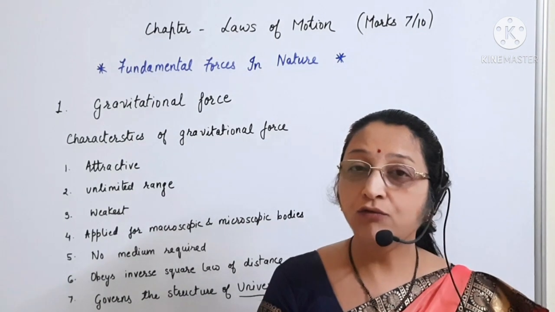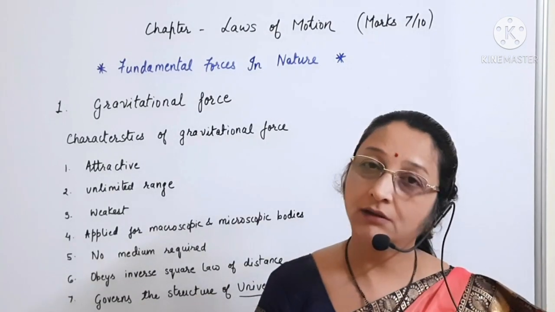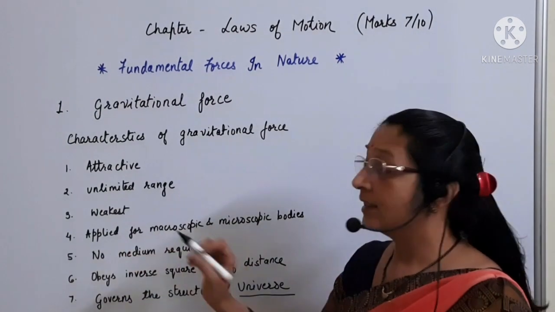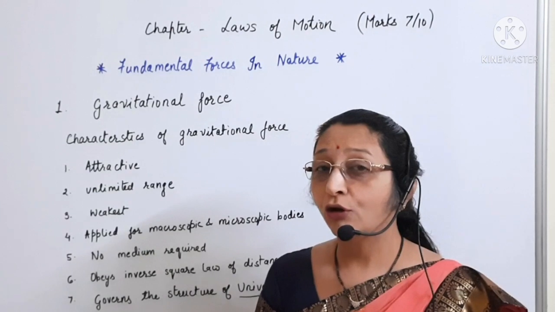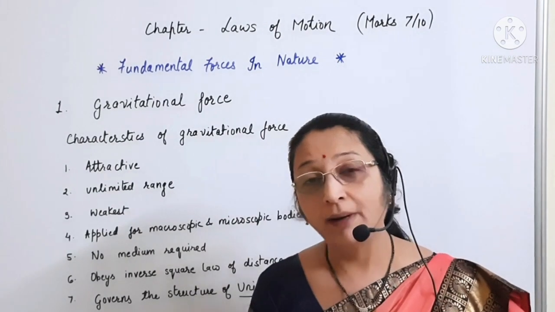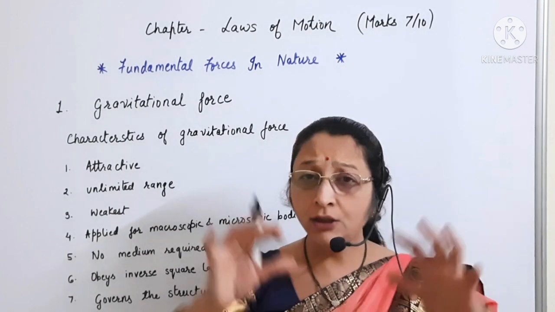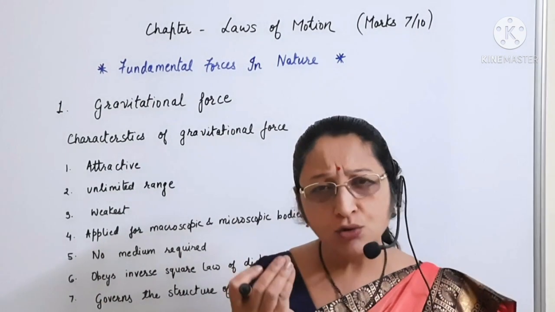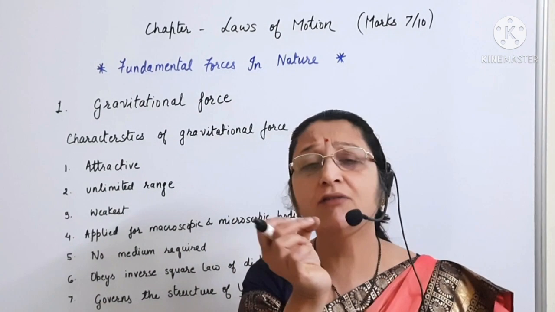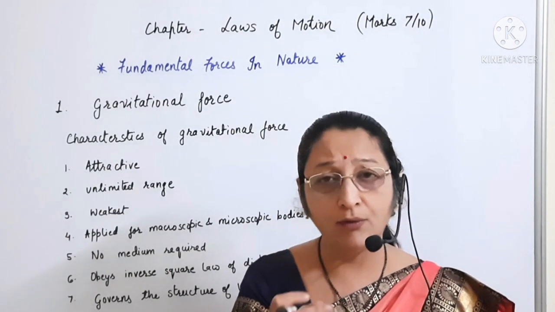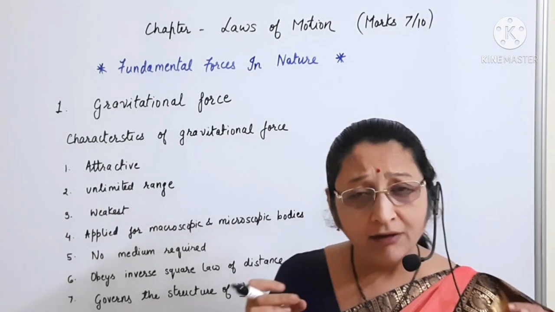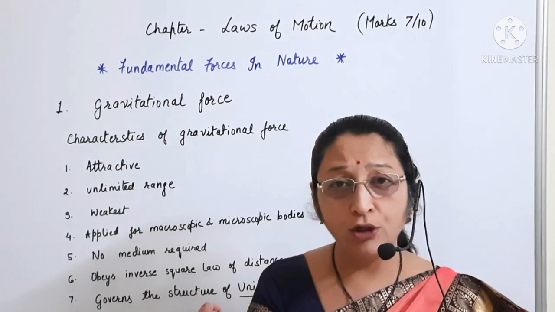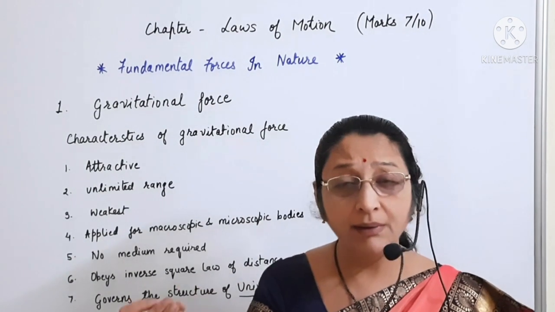The gravitational force is the weakest force in nature. The next is that it applies to all macroscopic and microscopic bodies. That is, in the universe there are very huge bodies and very small bodies, from the atom to the molecule and the living amoeba.